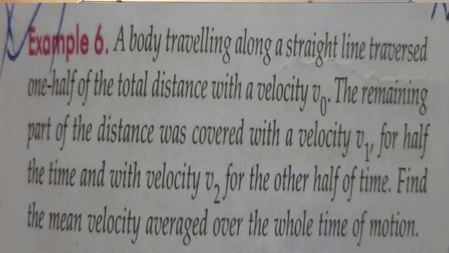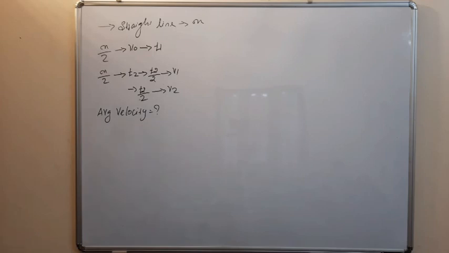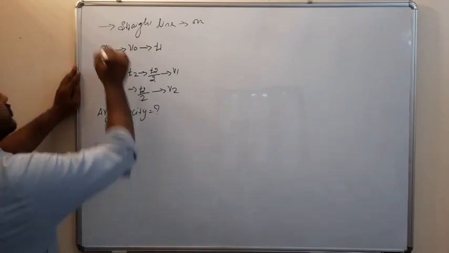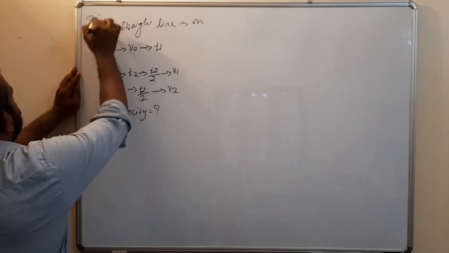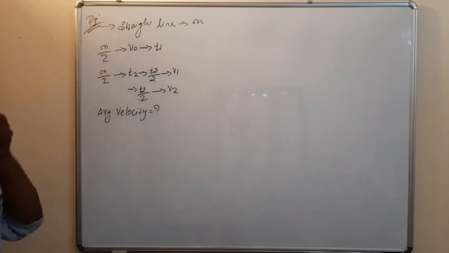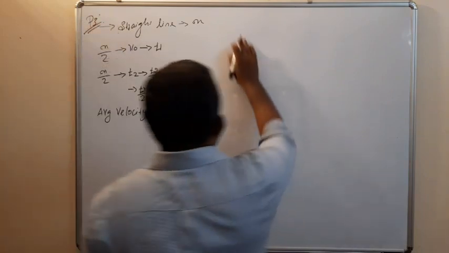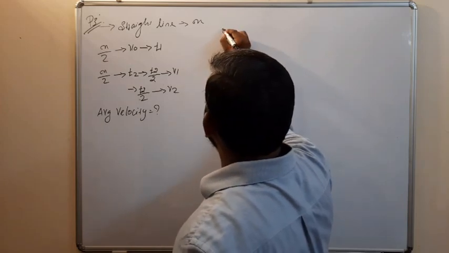Find the mean velocity averaged over the whole time of motion. So it is given in the question. P3. An object is moving in a straight line.